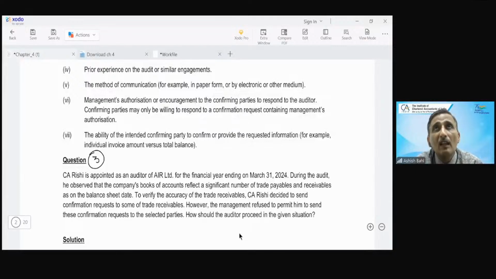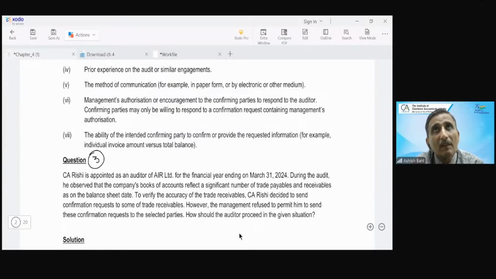So first of all, the auditor would inquire why the management is refusing. It may be possible that there is some proper reason, that management's refusal might be reasonable due to some business reason. There could be some emergent situation.